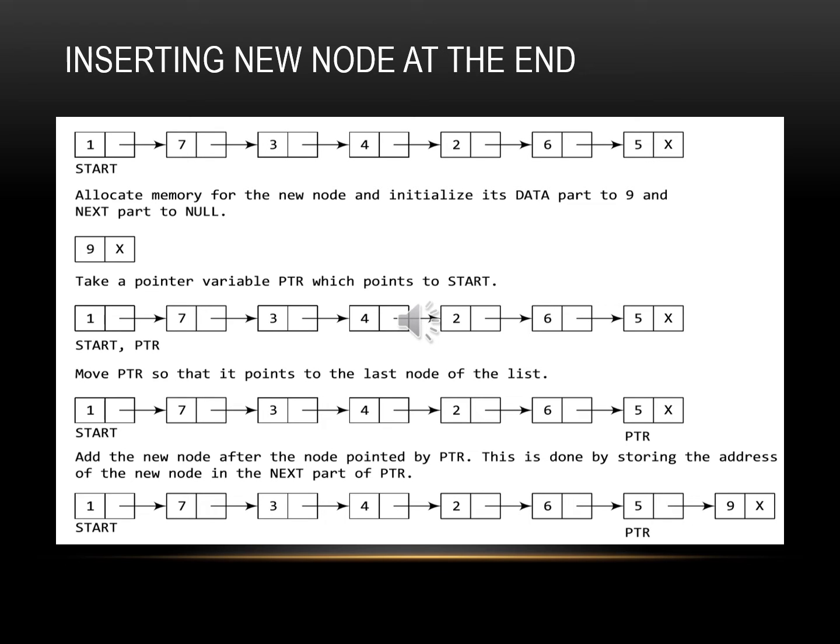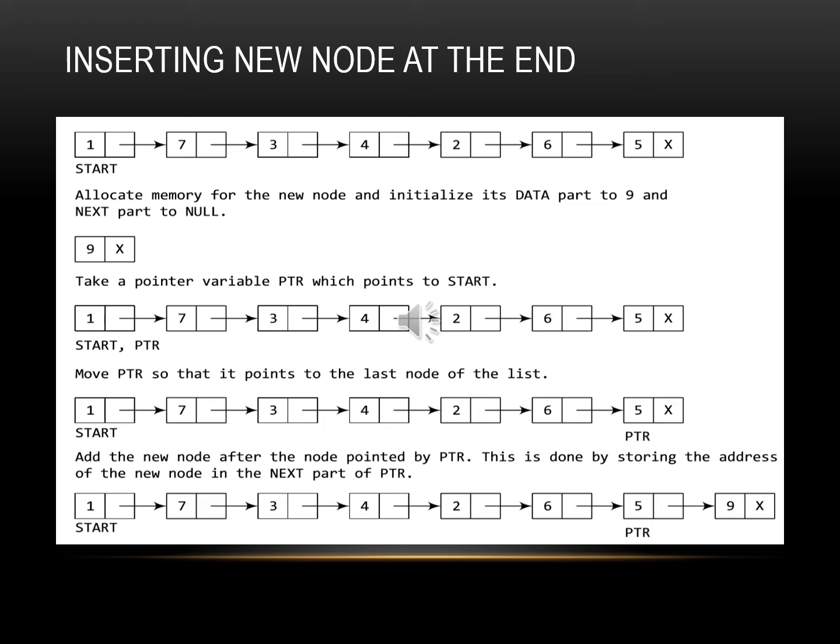This is the next case, that is inserting a new node at the end. So as we can understand, the linked list is already given and we have to insert this new node. The data value is 9 and it should be the last node now. So we will take a pointer and keep moving the pointer till it reaches the last node.